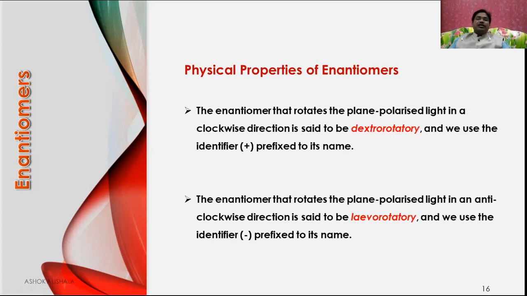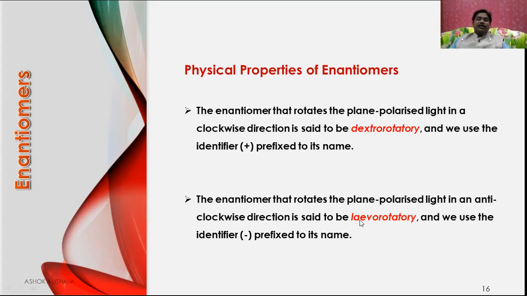The enantiomer that rotates plane polarized light in a clockwise direction is said to be dextrorotatory, and we use the plus prefix in its name, or we can say D form. The enantiomer that rotates the plane polarized light in an anti-clockwise direction is said to be levorotatory, and we use the minus prefix in its name, or in another way we can say L. This is the D form.